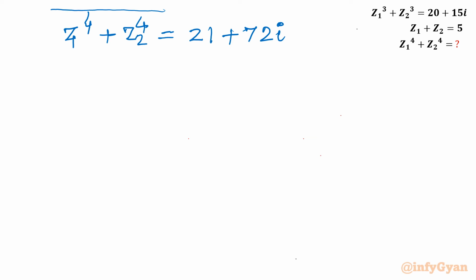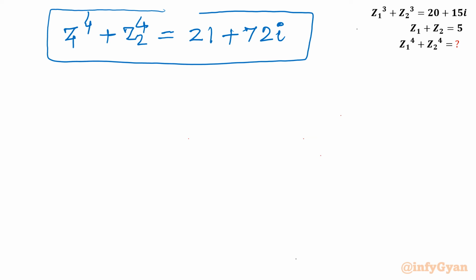So I will be writing here z1 power 4 plus z2 power 4 equal to 21 plus 72i. So this is our answer for z1 power 4 plus z2 power 4.